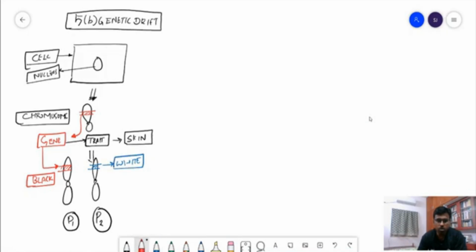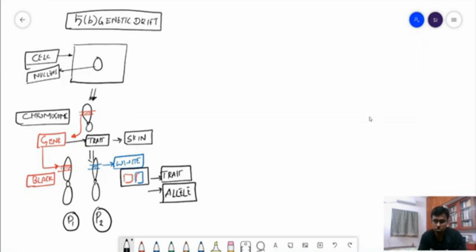So if you see these two things, this gene for black and white skin actually code for the same trait, which is skin color, but there are two variations, and hence they are called alleles. So genes coding for the same trait but having different variations are called alleles.